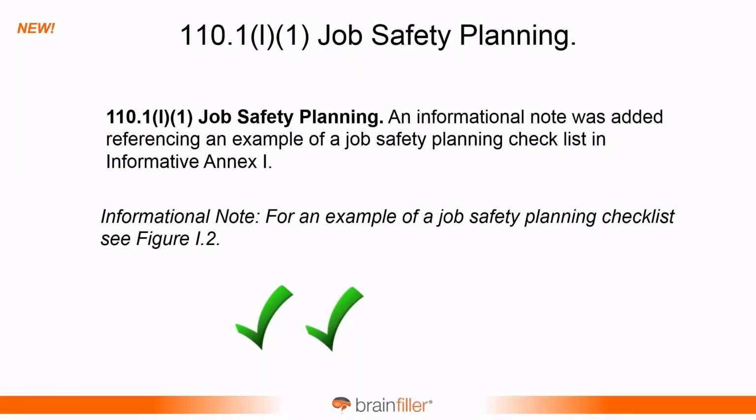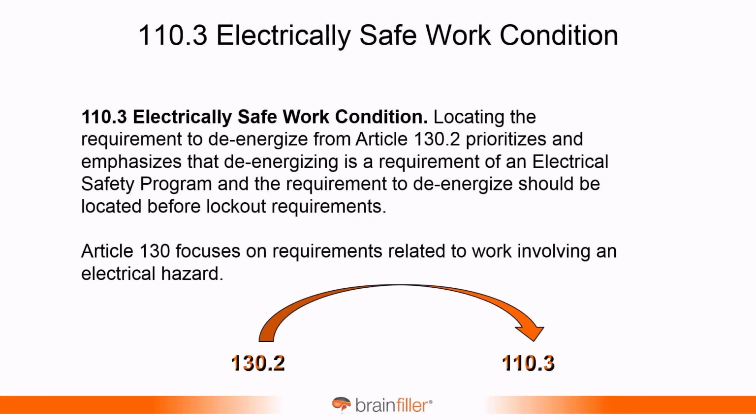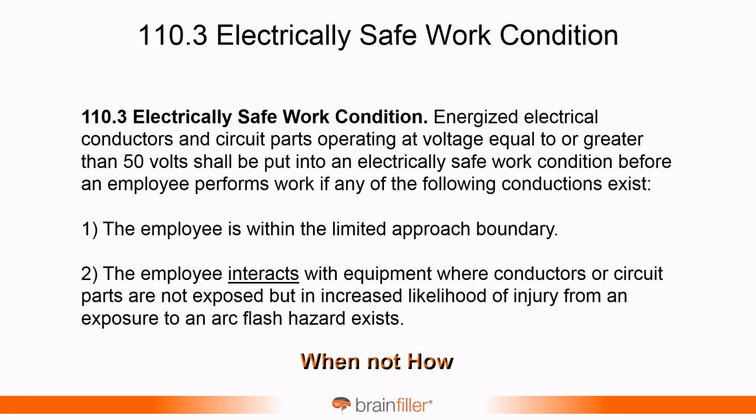So checklists are now an official part of this. 110.3, the electrically safe work conditions. Some of this information was relocated to 110. And it's not the procedure for establishing the electrically safe work condition, but it's information about the electrically safe work condition when it's required.